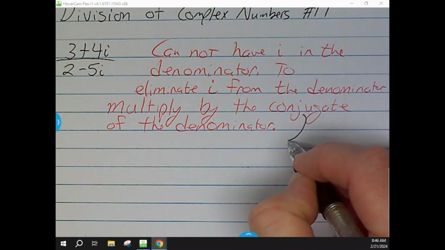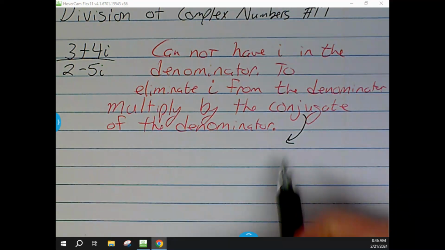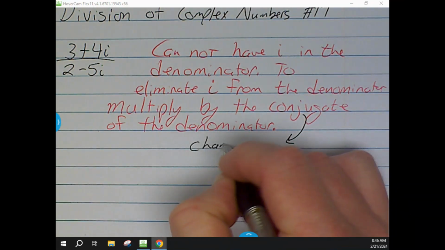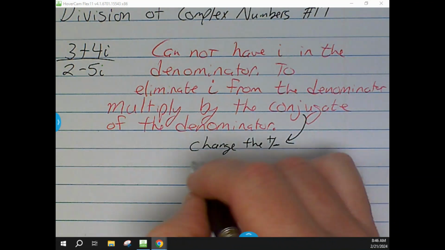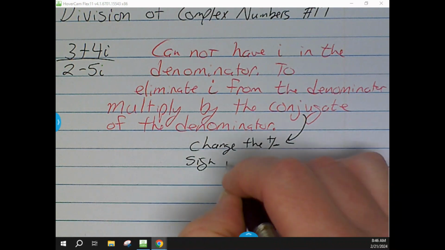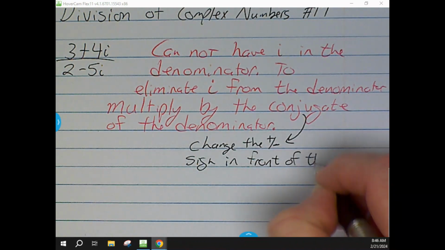When it talks about the conjugate, all you have to do is, with whatever expression you have, change the positive or negative sign in front of the i term.